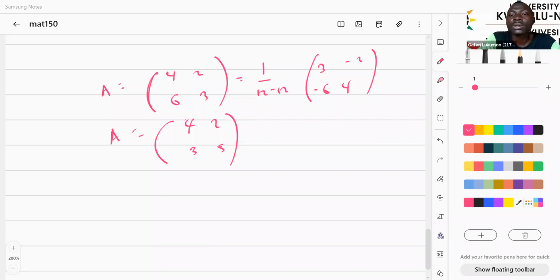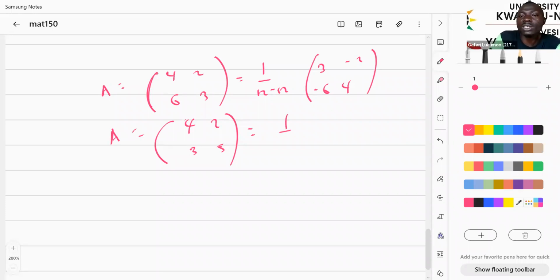Okay. Question 2B, using the first method. Yeah, we can do that. I'm coming. Yeah, 1 over 14 is for the determinant. So this will be what?